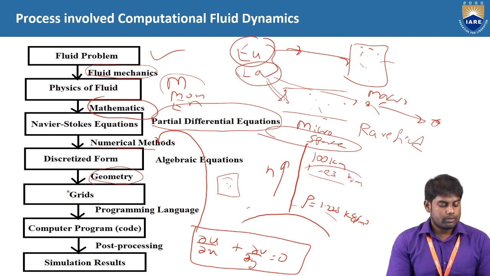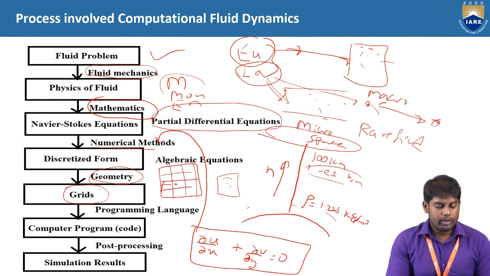The next topic is the grid. Basically you will have a domain, and you will divide this domain into subdomains. In these subdomains you will calculate the pressure, temperature, and velocity of the fluid at these points. These are grid points.